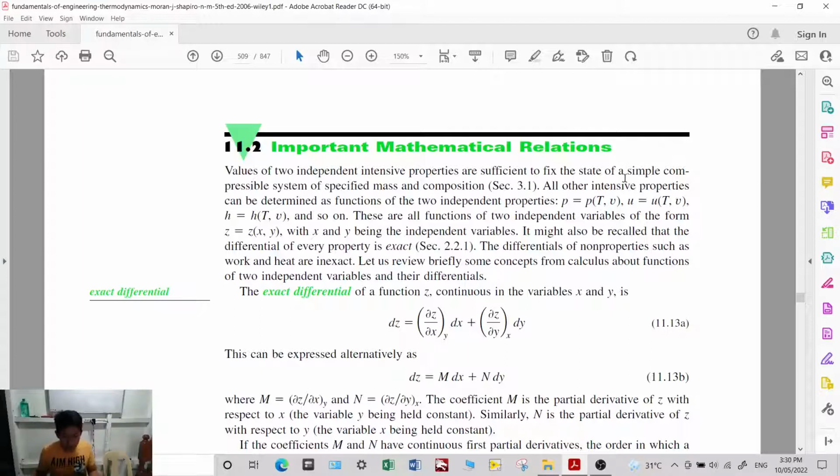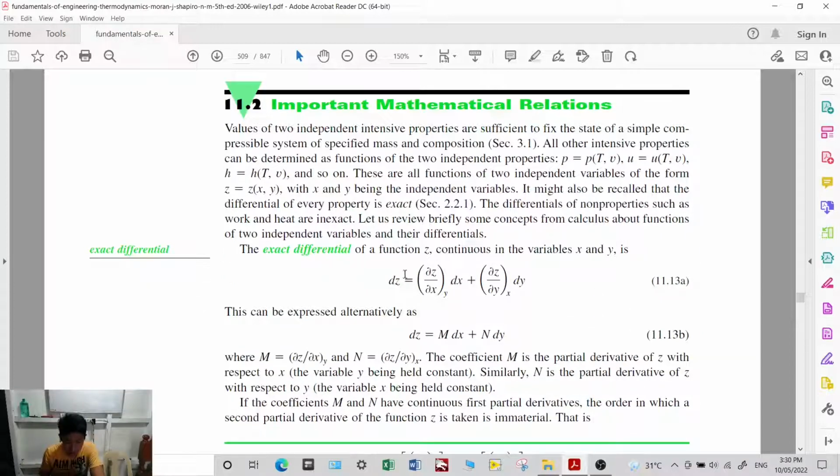So, we'll proceed with the important mathematical relations. This is a review of the definition of an exact differential if z is a function of two variables. The definition of an exact differential is this one: dz is equal to partial of z with respect to x, letting y constant, dx plus partial of z with respect to y, dy.